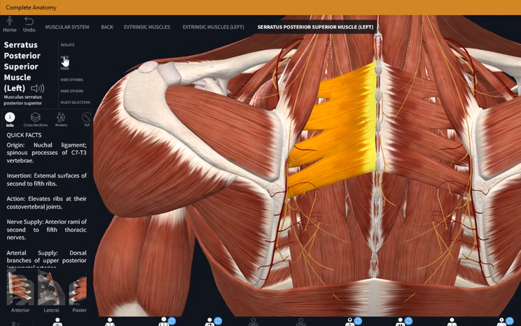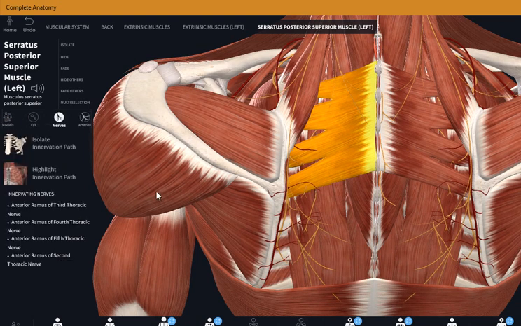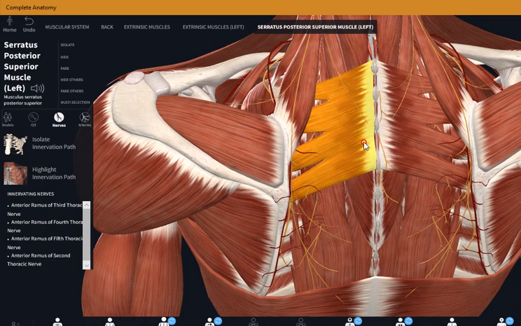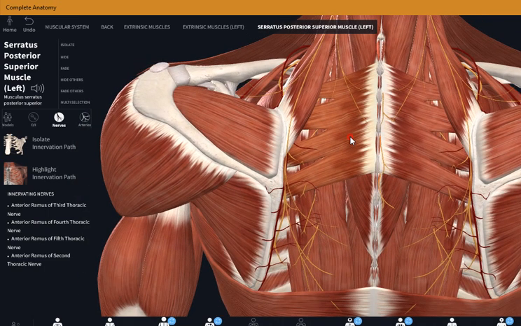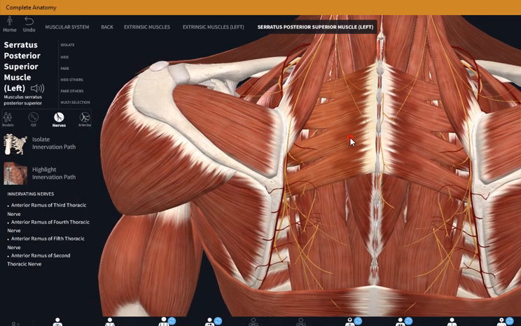So we have this. We can shade it, and we can also have the nervous supply. The nervous supply to it is going to be the anterior rami of the thoracic nerves. So we have the anterior ramus, and anterior ramus. So the serratus posterior, though it's a posterior muscle, receives the anterior rami of the thoracic nerves.